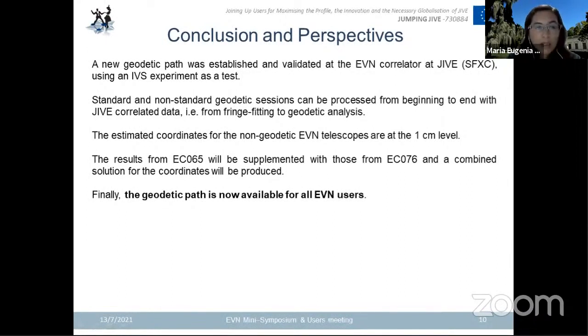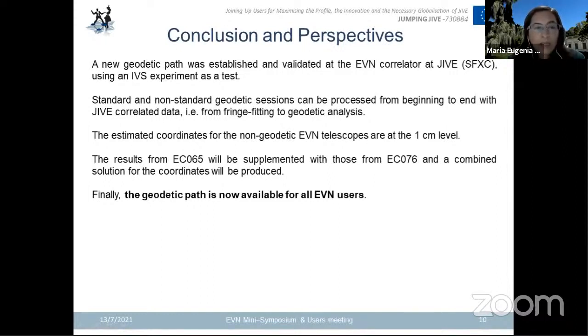The estimated coordinates of the non-geodetic telescopes are at the level of 1 centimeter. And we plan to include the results of E066 in order to get a combined solution for the coordinates of the 4 geodetic telescopes and some others that were included in E066 or the others.